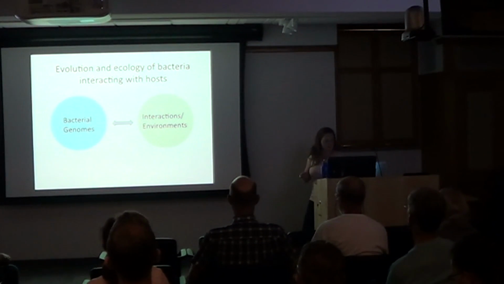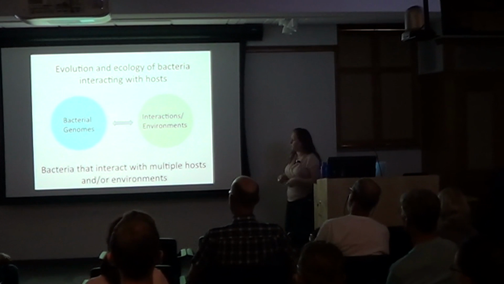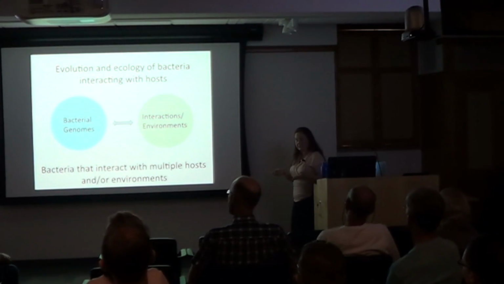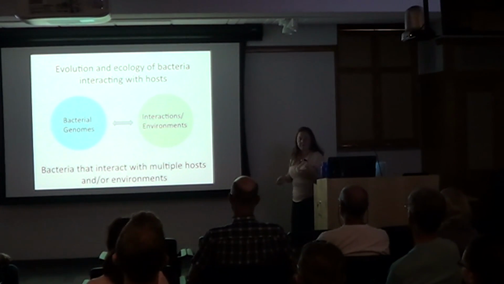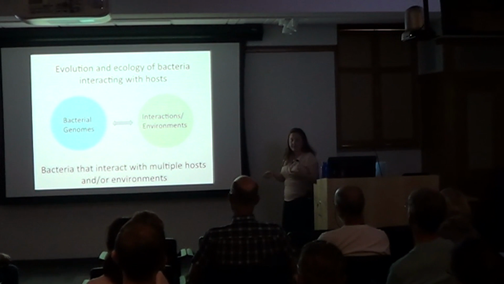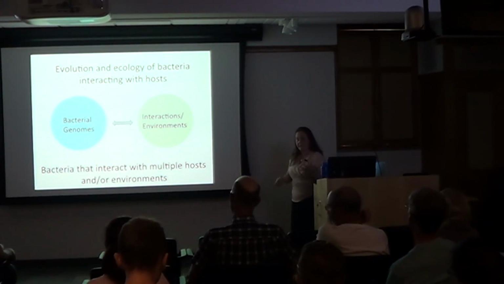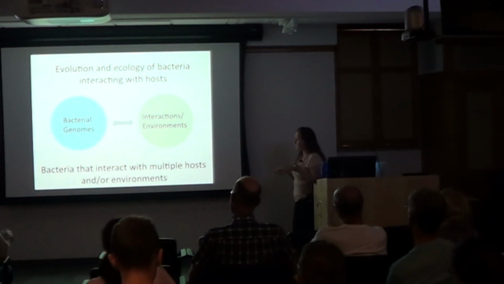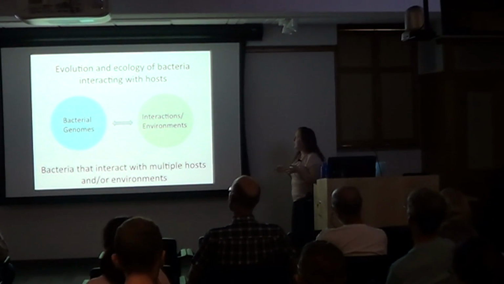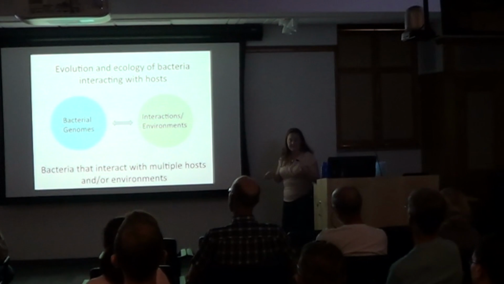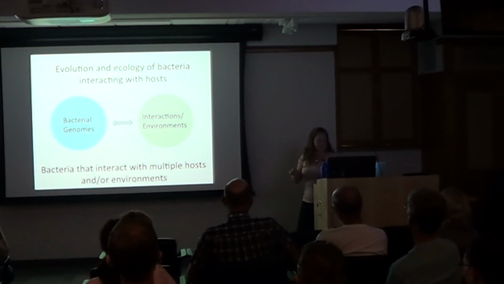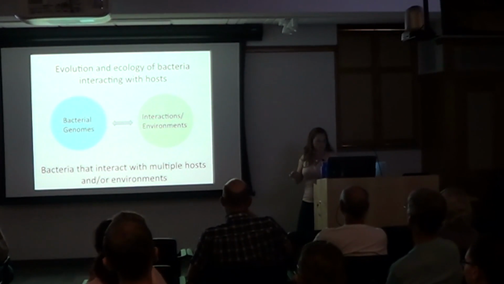And in particular, this is interesting for bacteria that interact with multiple hosts or in multiple environments. So that might be in different abiotic environments, or bacteria that interact with a host and then also in other abiotic environments. And as many of you know, Pseudomonas syringae is a really good example of that because it does inhabit a lot of different environments.